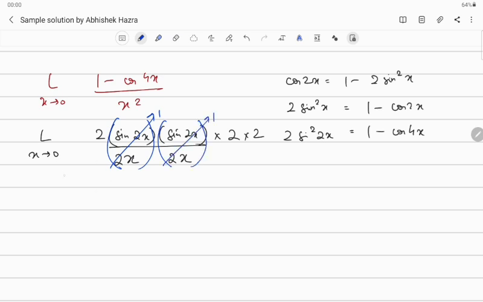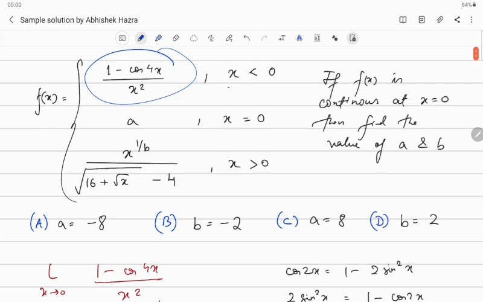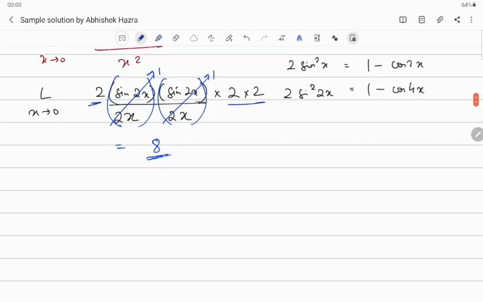And we will get the value of the limit as 2 into 2 into 2, that is 8. Now this is the value of the limit when x is less than 0. Now definitely, since it is continuous, this value should be equal to this a. So we have found the value of a, that is a is equal to 8.